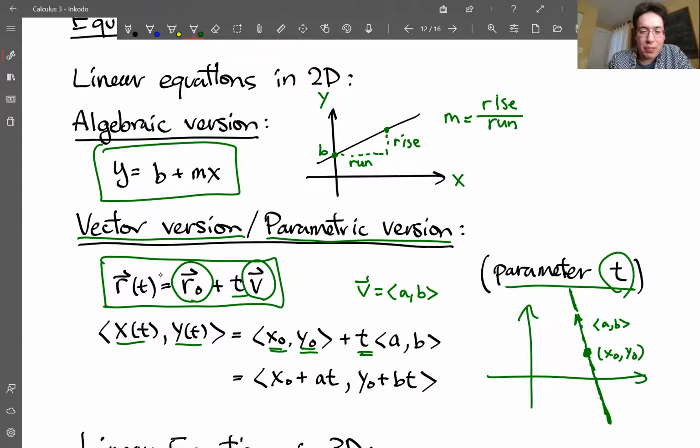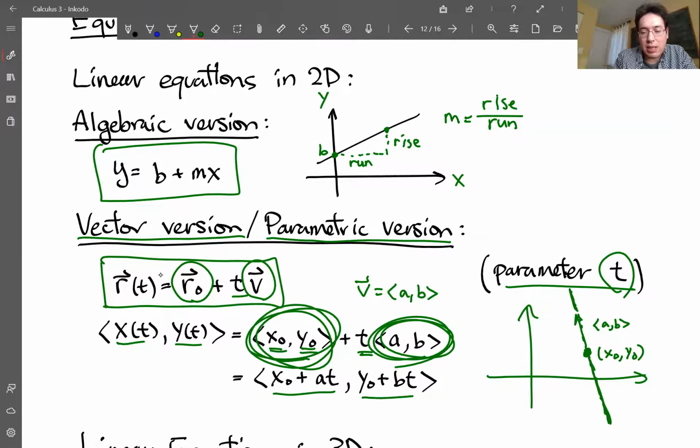Okay. So that's the point on a line and the direction of the line. And if you put this into a single formula, add and multiply each of the components, then you get the x coordinate by x naught plus at, and y component y naught plus bt.